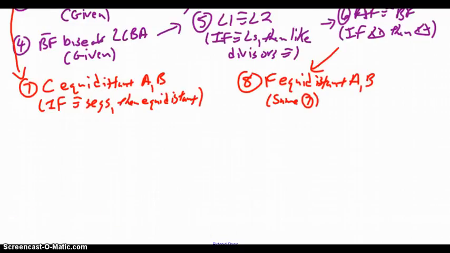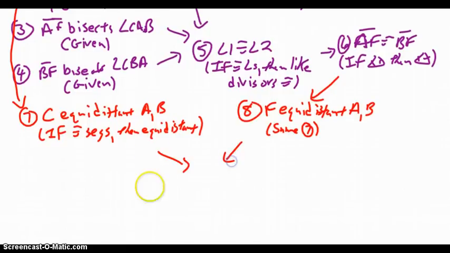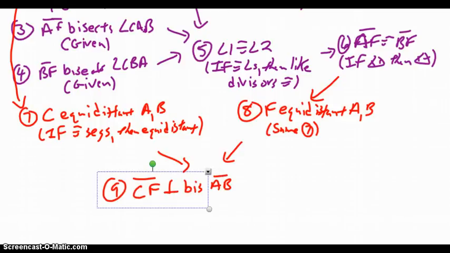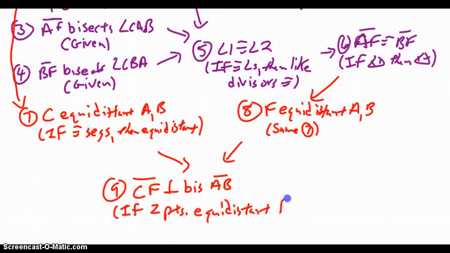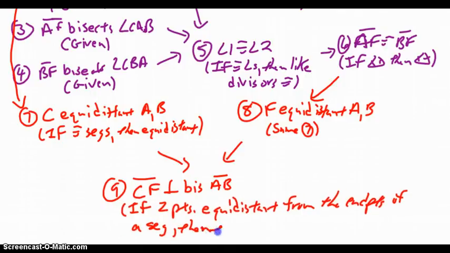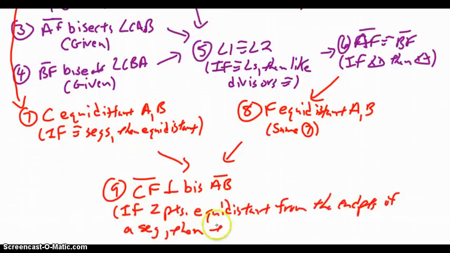And from both of those, we can now say that CF is the perpendicular bisector of AB. And the reason would be if 2 points are equidistant from the endpoints of a segment, then they form the perpendicular bisector of the segment.